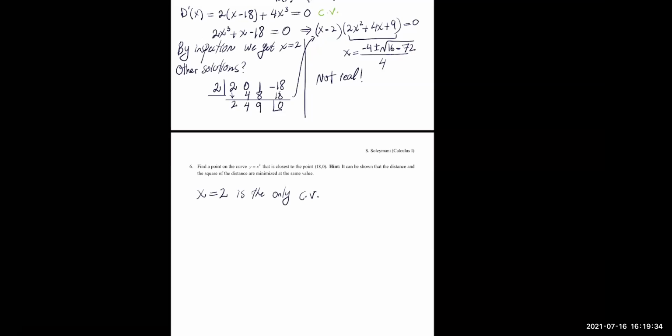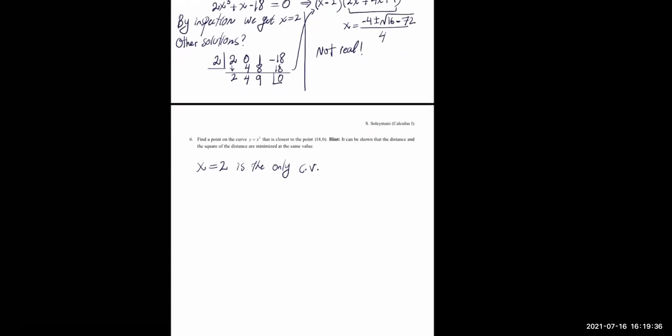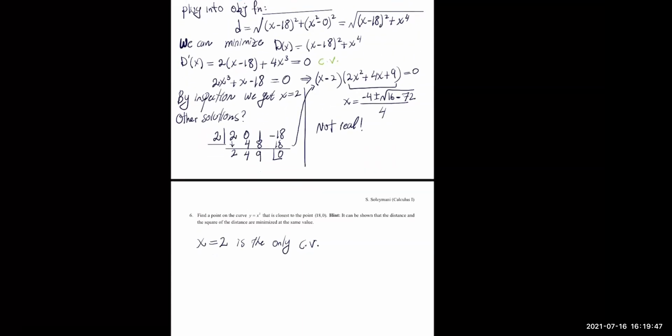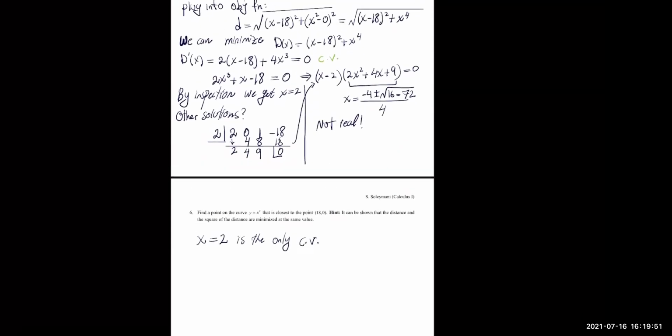Let's just go ahead and do our second derivative test. If you don't want to deal with the domain and all that, just do the second derivative test. You can take the double derivative. Here again is my derivative, or you could take this form, it doesn't matter. Take the derivative of that again.